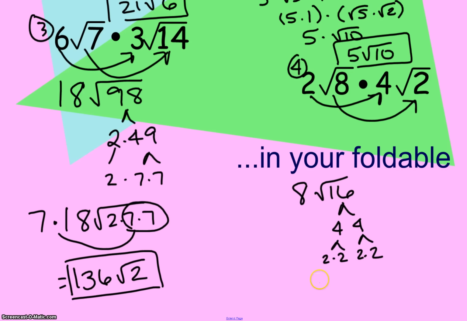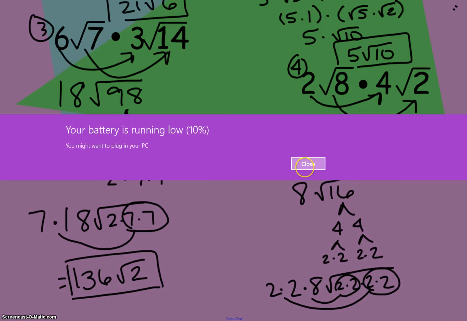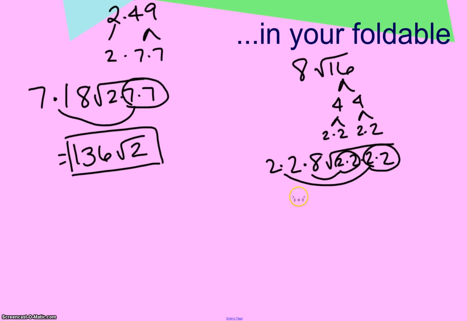So in actuality, we have 8 square root of 2 times 2 times 2 times 2. This is a factor pair that can be brought out, and this is a factor pair that can be brought out. So 2 times 2 is 4. 4 times 8 is 32. This is the answer to number 4.